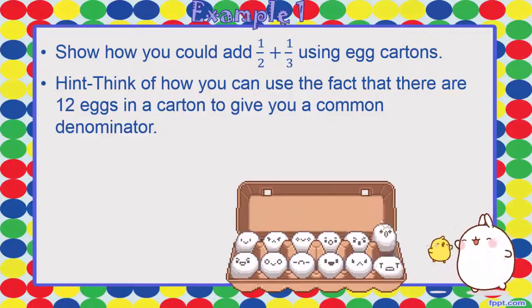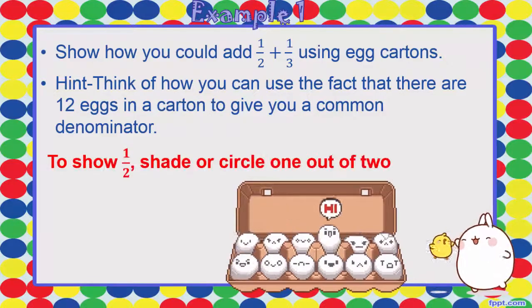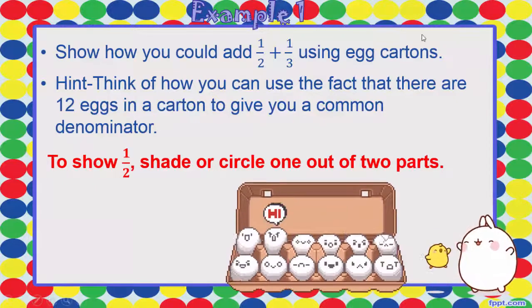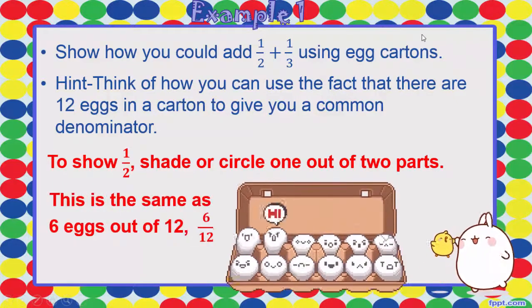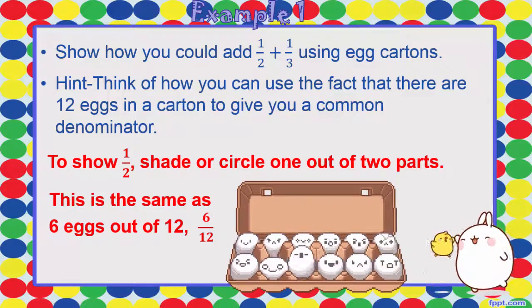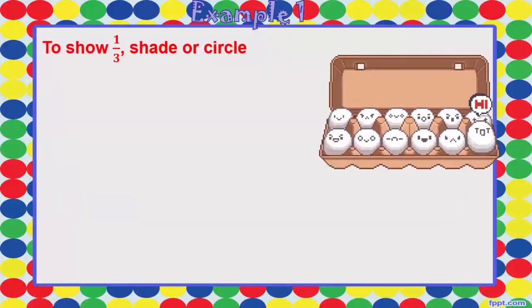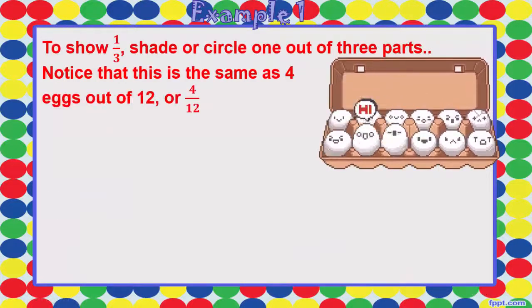Reviewing what we just did on the whiteboard, to show 1/2 we shade a circle 1 out of 2 parts. This is the same as 6 eggs out of 12. And here we break it in half, and here are the 6 eggs, or half of a carton. To show 1/3, circle 1 out of 3 parts.